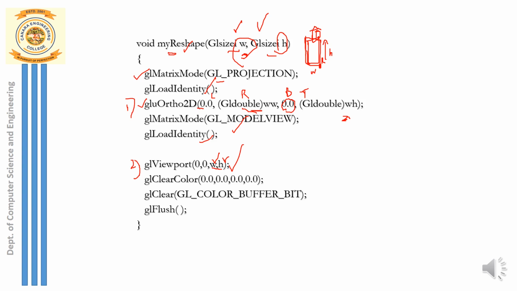And then, as usual, you set the display window background color to black. That is the third step. Then you refresh the buffer, that means you erase all the previous contents of the buffer through glClear, and then call glFlush.